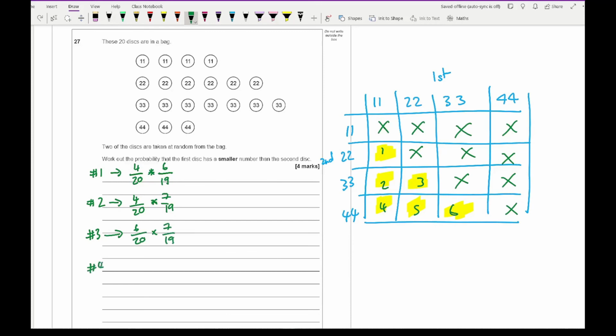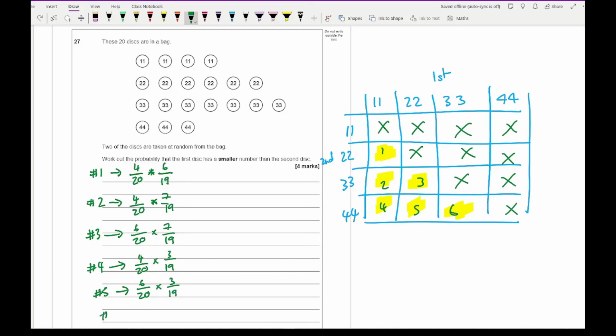And then with number 4, that's going to be 11 first, so that's 4 out of 20 times 44, which is 3 out of 19. Then number 5 is 22 first, which is 6 out of 20, multiplied by 44, which is 3 out of 19.